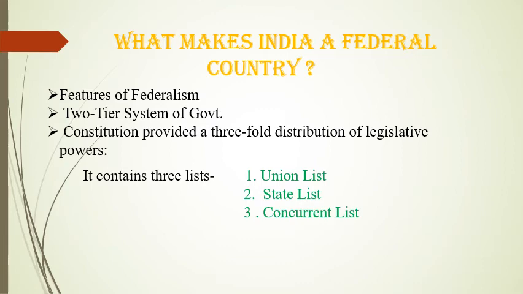So both the union and state governments can make laws on these subjects. If their laws conflict with each other, then the law made by the union government will prevail. So these are the three lists: union list, state list, and concurrent list, through which the Constitution provided a threefold distribution of legislative powers.